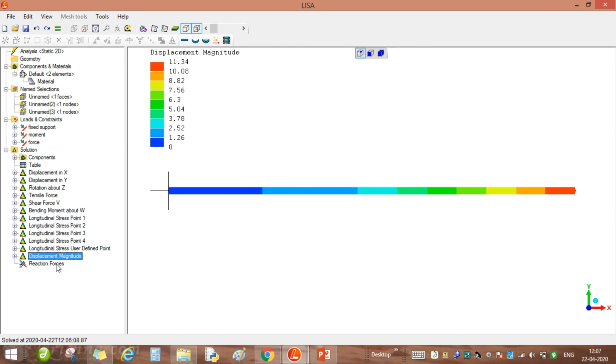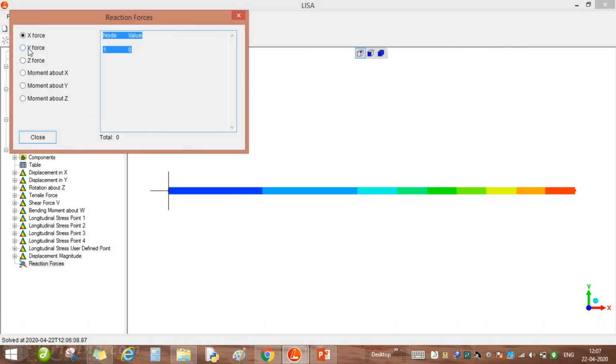Displacement you can see here, reaction forces you can see from this point. So it is 600 Newton, it was to be that, and moment will also come, because the moment of force will also come. There should be 0 in the 1D beam element, there is no moment about x and y axis.